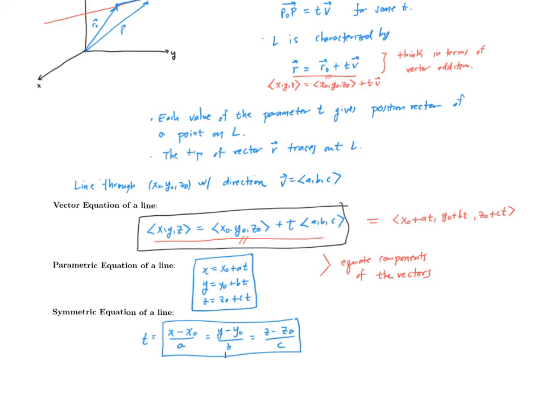So it is reasonable that we could ask you on an assignment to find the, say, parametric equations of a line. Then, of course, that's what you would want to give as your final answer. Or we could just say find an equation of a line, and you would probably write down the vector equation because that's the starting point. Once you have the vector equation, we go to parametric, we go to symmetric. So let's look at a common example.